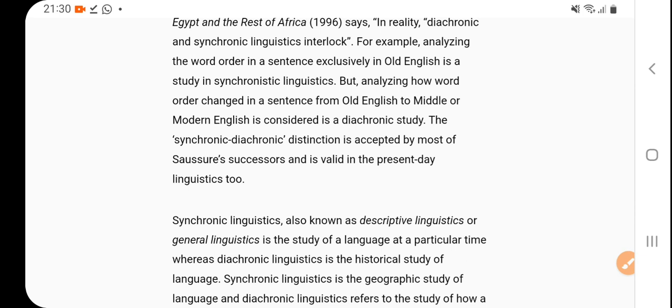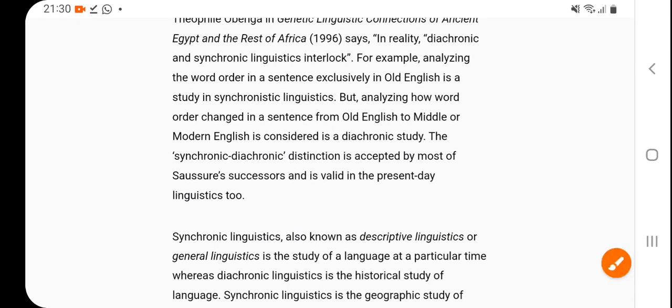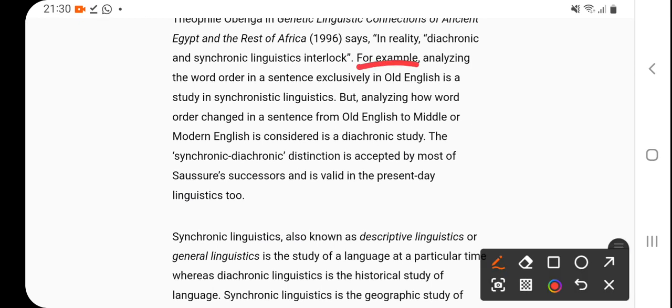So what they are saying in that example is that suppose we are analyzing word order in a sentence exclusively in Old English. Suppose we study what the word order was in Old English; that is synchronic linguistics.